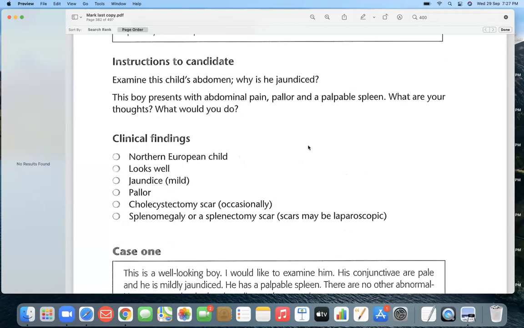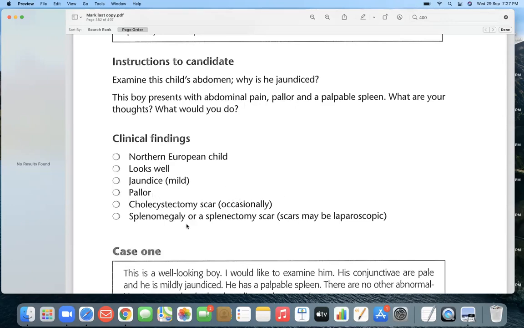Next, instructions to the candidate can be: examine this child's abdomen, why is he jaundiced? Or: this boy presents with abdominal pain, pallor, and a palpable spleen, what are your thoughts, what would you do? So the Northern European child looks well, usually mildly jaundiced, with pallor.